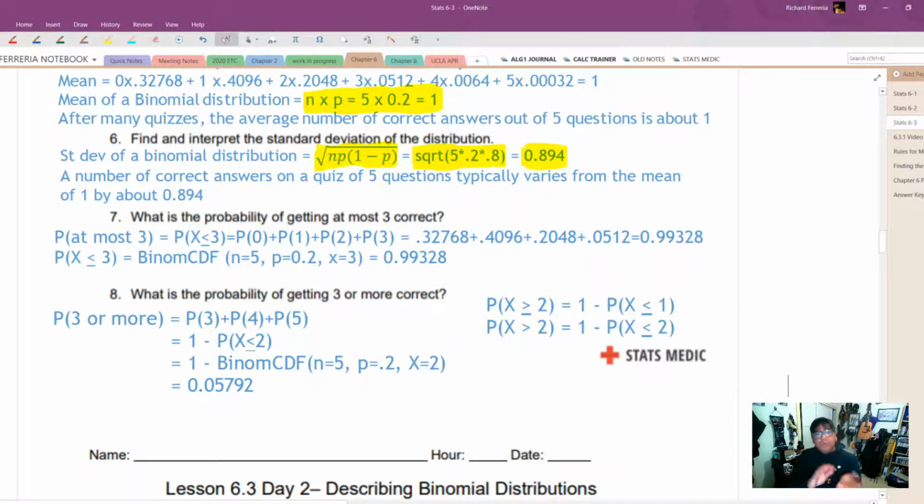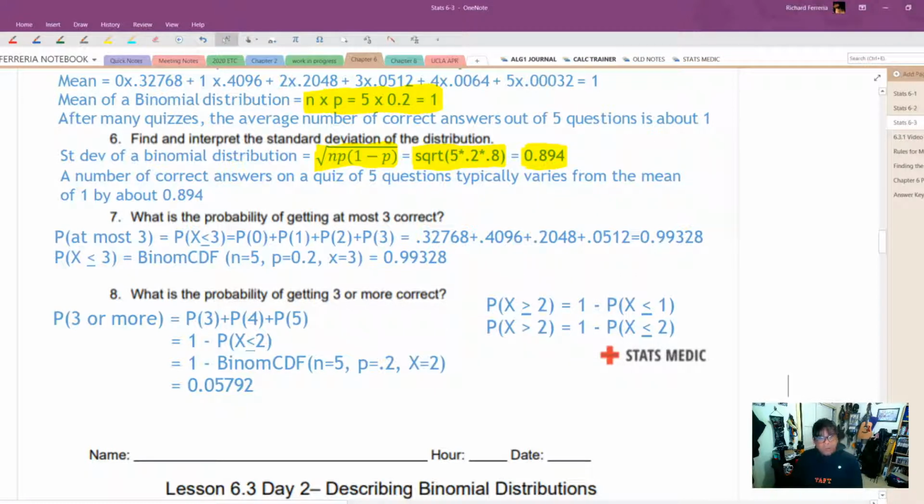Basically, 2 needs to be part of either the left side or the right side. If 2 isn't included on the left, then 2 has to be included on the right. Just like up here, since 2 is included on the left side, 2 cannot be included on the right side.